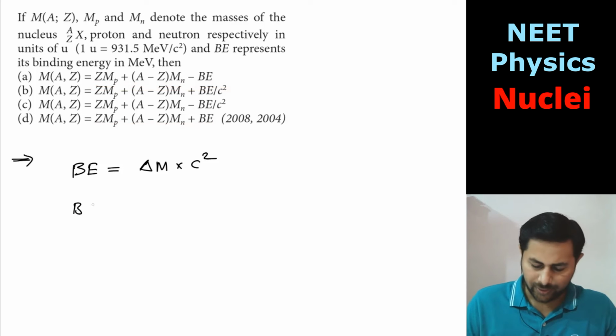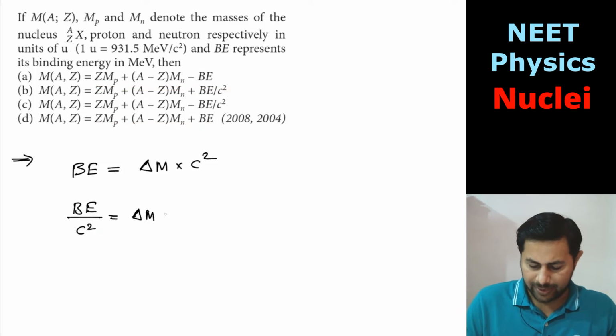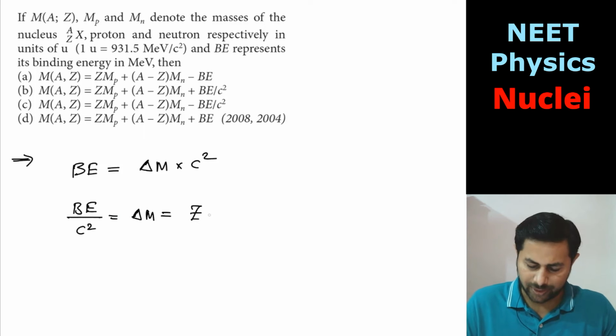So binding energy by C square is equal to delta M, and that is equal to what, Z times mass of proton plus A minus Z times mass of neutron.